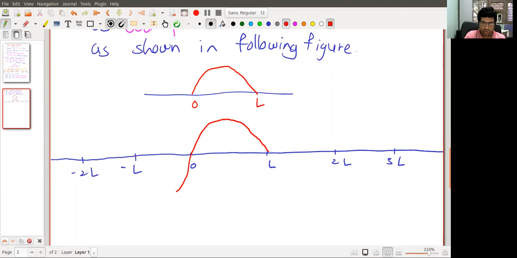So here we have mirror image of the part which is in the interval 0, L. And now we repeat this everywhere. So we extend in both sides.